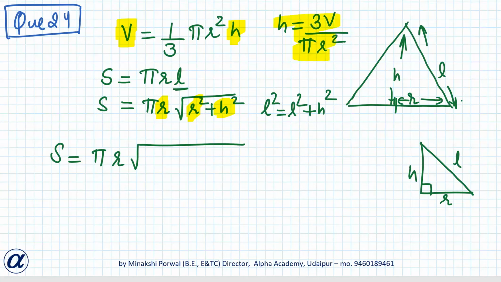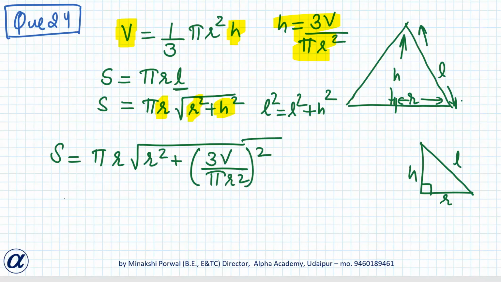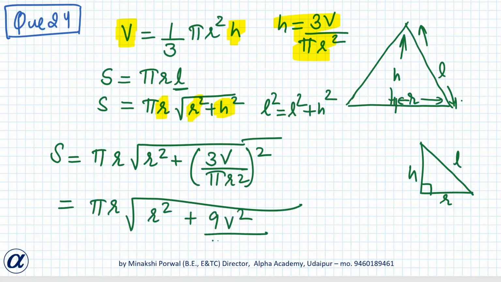So it is equal to pi r under root of r square plus (3V upon pi r square) the whole square, or pi r under root of r square plus 9V square upon pi square r to the power 4.